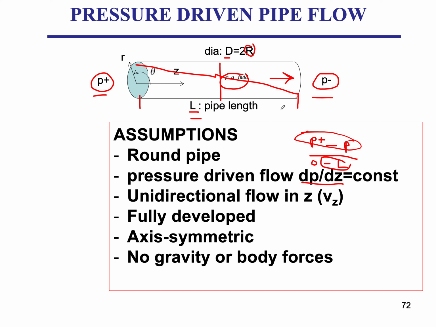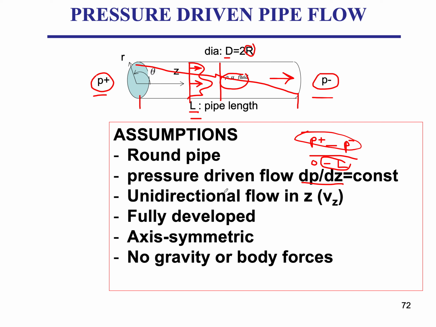And if I want to know how much mass flow rate is going to go through this pipe, I really need to evaluate what the velocity distribution is as a function of r, right? So this could be a velocity distribution.